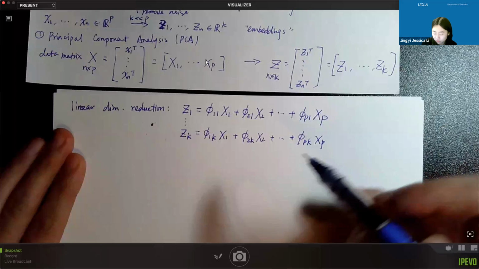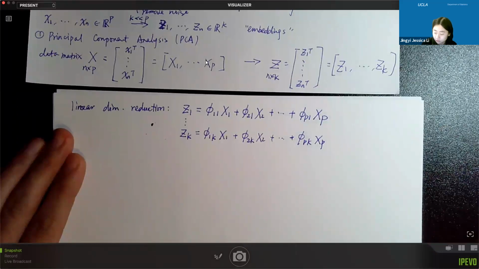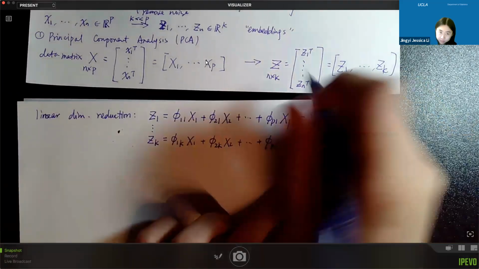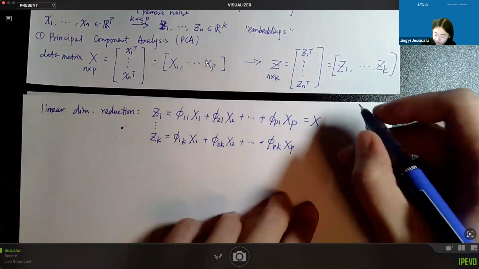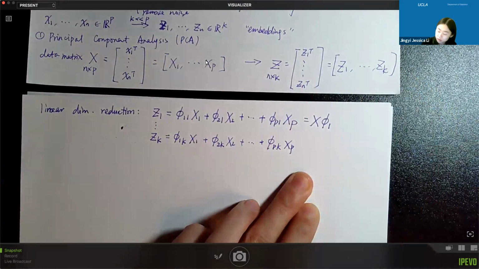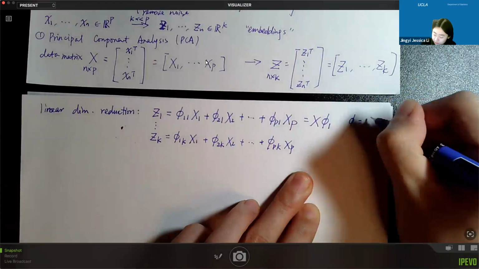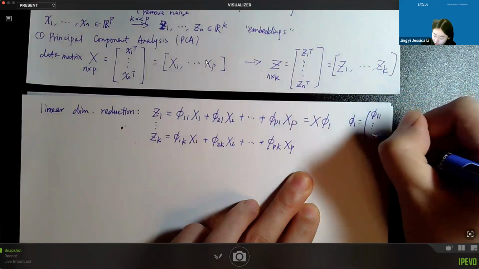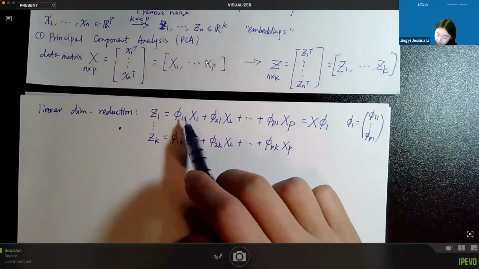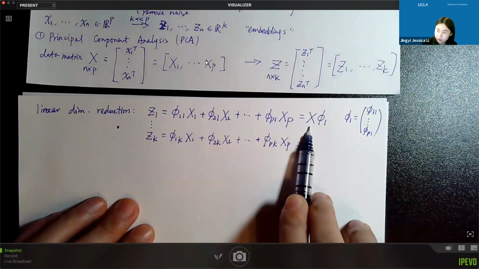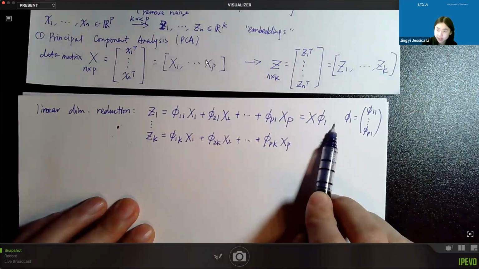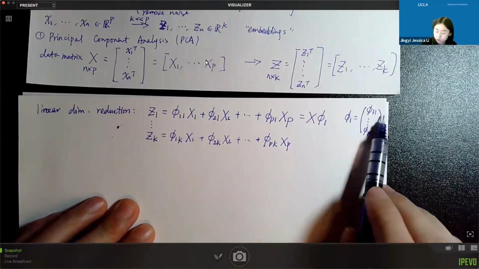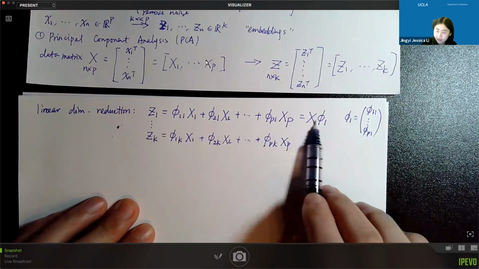If I want to make it more succinct, I can write this in vector form. I can write this as the matrix X multiplied by a vector I call phi1. Phi1 is a p-dimensional vector, phi11 to phi p1. I stack those together, and by matrix multiplication, for each column of X, I multiply it by the corresponding entry in phi1 and then take the sum.